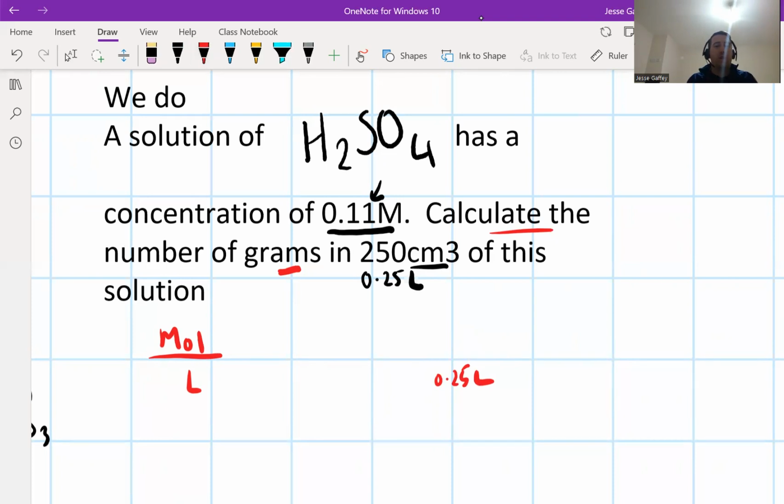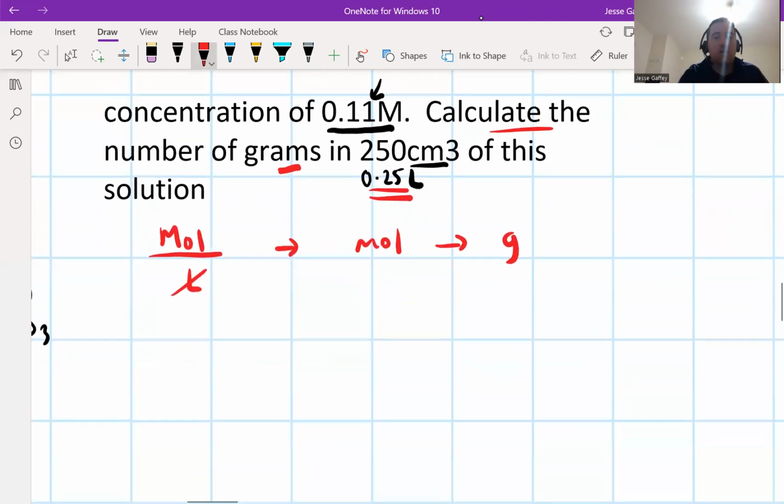It makes sense, if you think about it, to go from moles per liter. We're not talking about a full liter, we're talking about 0.25. So cancel out your liters and go to moles, and then from moles, convert to grams.